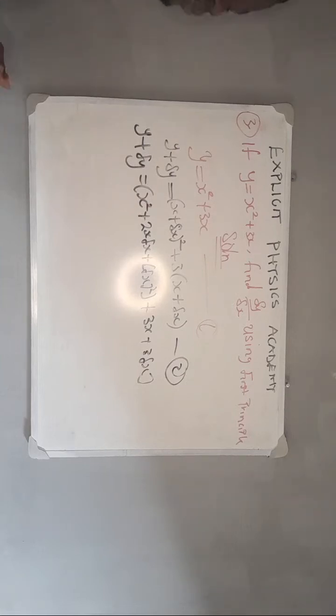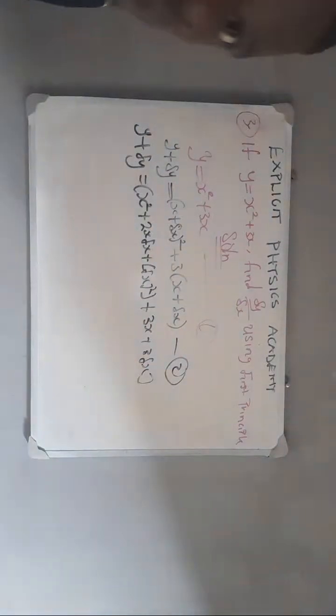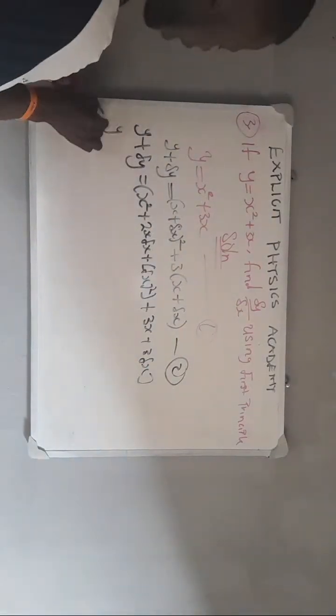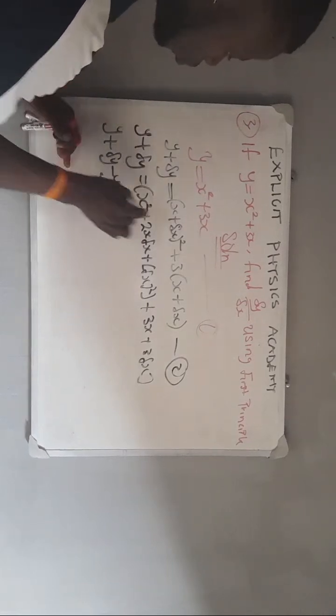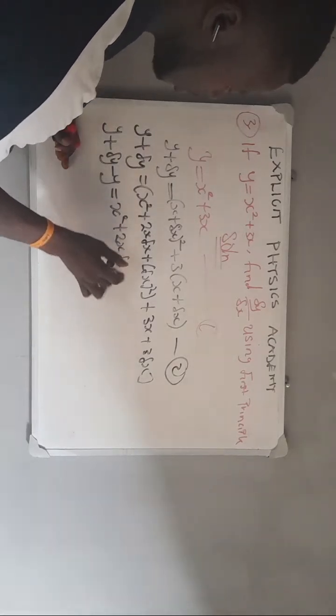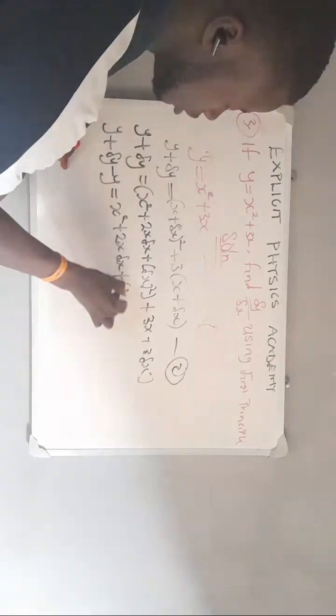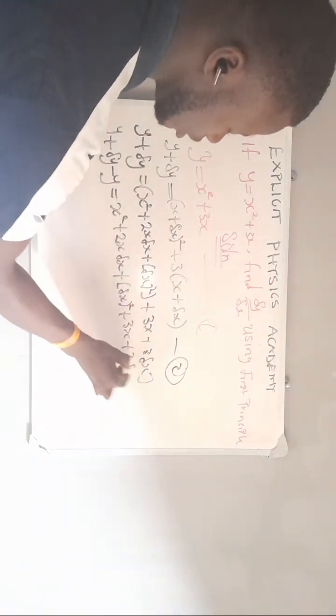We now subtract y from both sides. When we do that, we are going to have y plus del y minus y is equal to x squared plus 2x del x plus del x squared plus 3x plus 3 del x minus y.